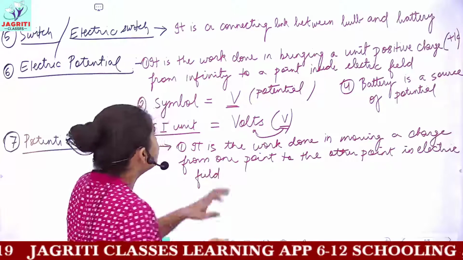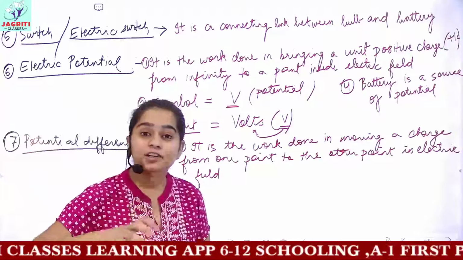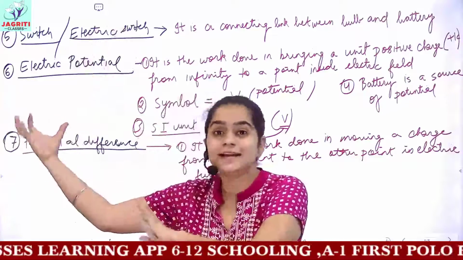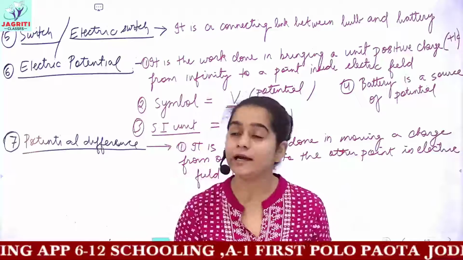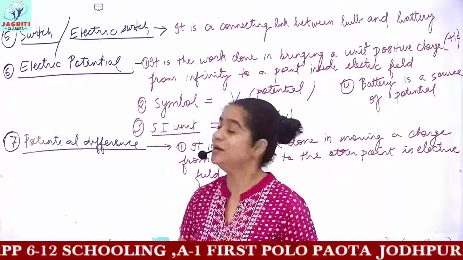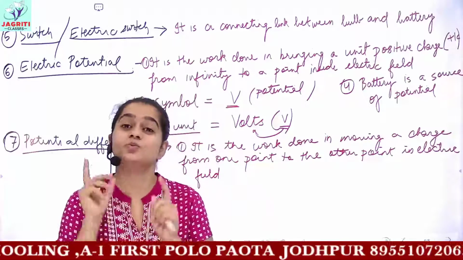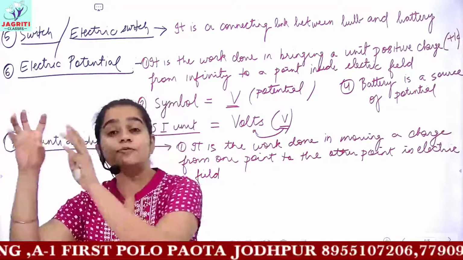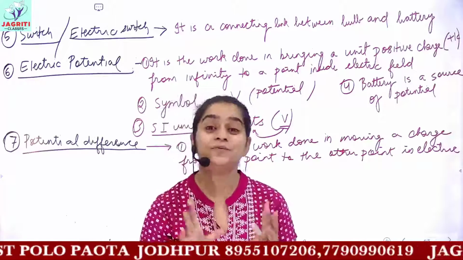Here, while defining potential we said that we are bringing a charge from outside the electric field into the electric field, and this work done was called potential. But potential difference means the work done in moving a charge from one point to the other point itself in the electric field.